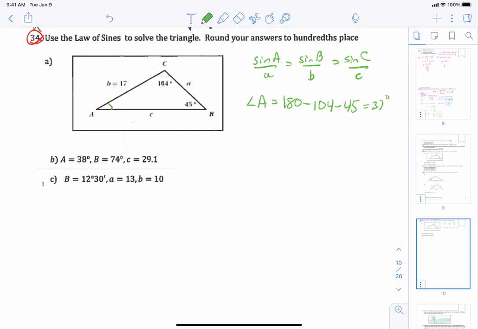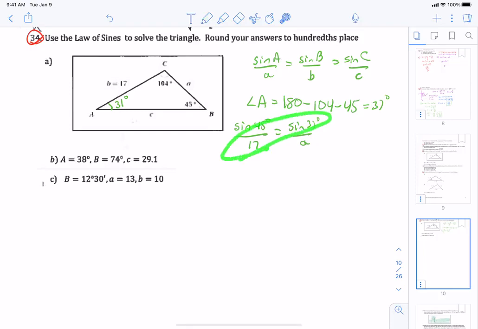So I know that the sine of B over B is a full pair. I knew both the side and the angle. So it can help me find one piece of a missing pair, okay? Because remember, this is now 31 degrees. So I know that's equal to the sine of 31 over little a. Now it's just a proportion to solve.